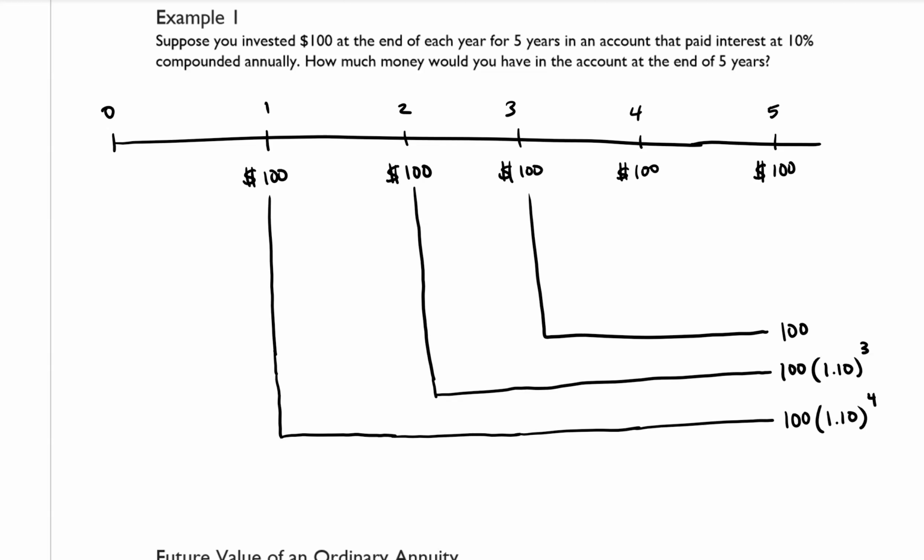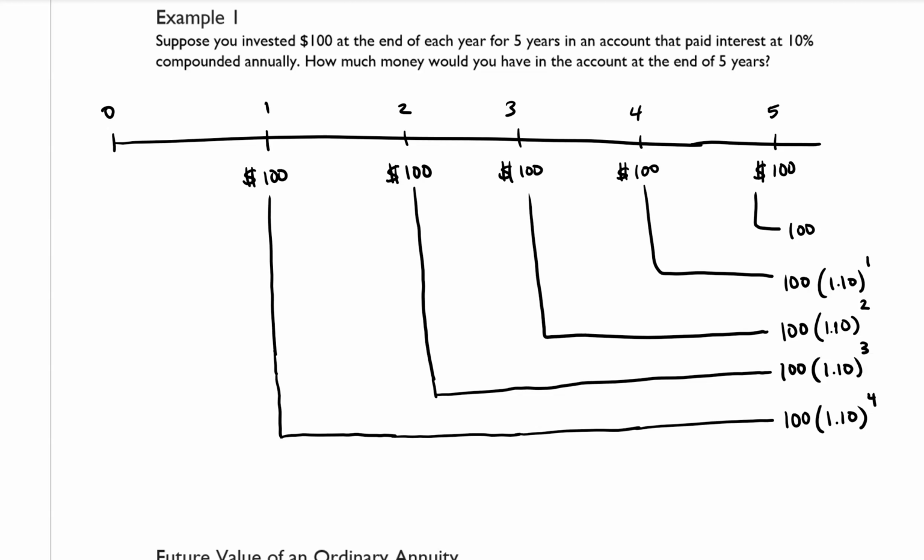So that at the end of the 3rd year, that will have sat in your account and gained interest twice. And if we wanted, we could write this last one as 100 times 1.10 to the 0 power, but anything to the 0 power is just 1, so I'm maybe going to leave that as that.